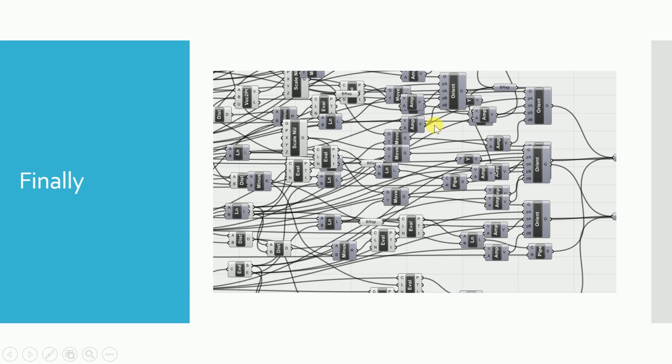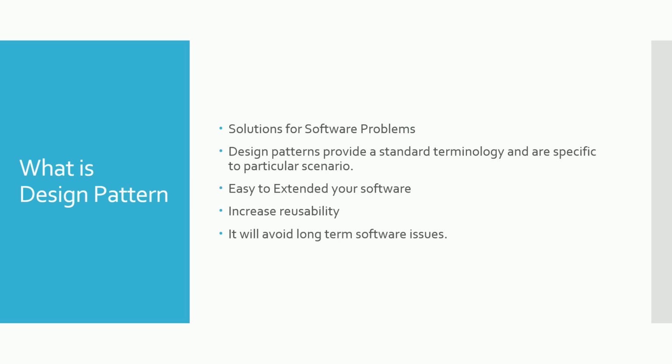Assume that you are touching somewhere here, and after 2-3 years you may not know what will happen in the other flows. So that is the final problem. We'll end up with bad design. So now you understand that design is very important in your life.